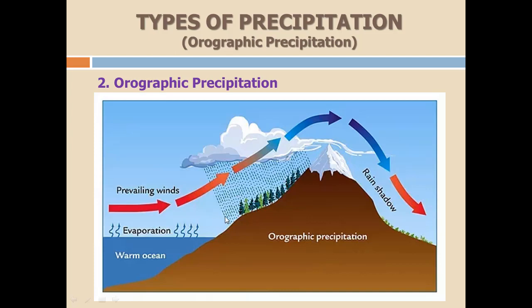After hitting the mountain, the vapor rises upward, and with this rise the vapor's temperature decreases. When the temperature reaches the dew point, these vapors convert to liquid form, and then after completion of all three processes required for precipitation, precipitation starts on this side of the mountain. This type of precipitation is known as orographic precipitation.